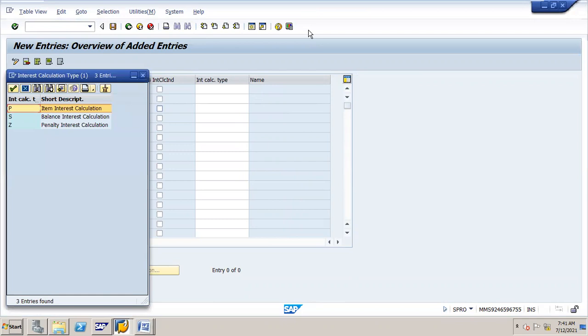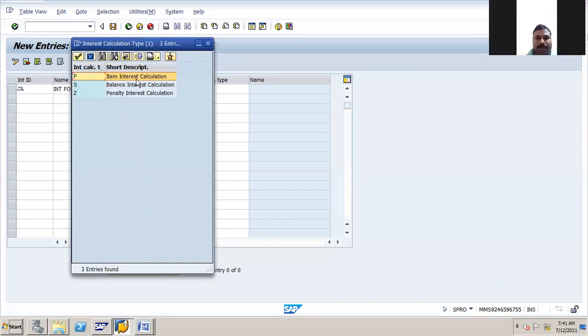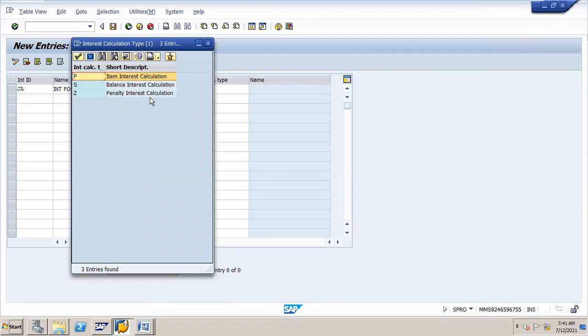See, there are three different types: item interest calculation, balance interest calculation, penalty interest calculation. Item interest means that is in case of vendor payments. For penalty purpose we can use this, which is also penalty. Yes, we are discussing the S type. S type means balance interest calculation.